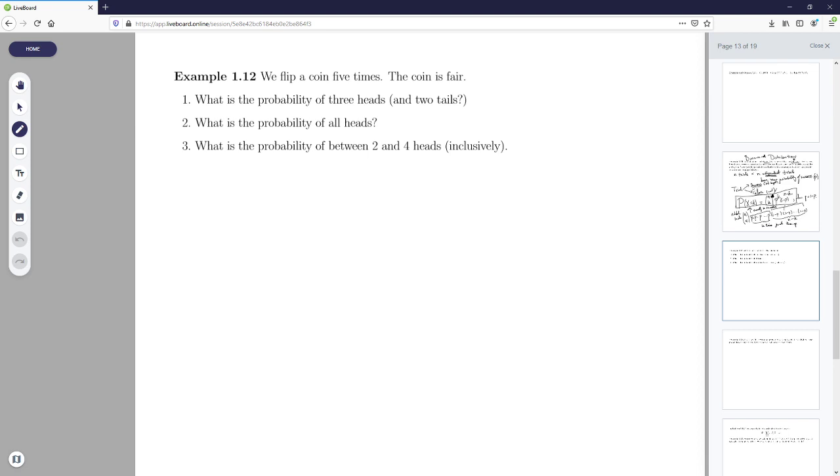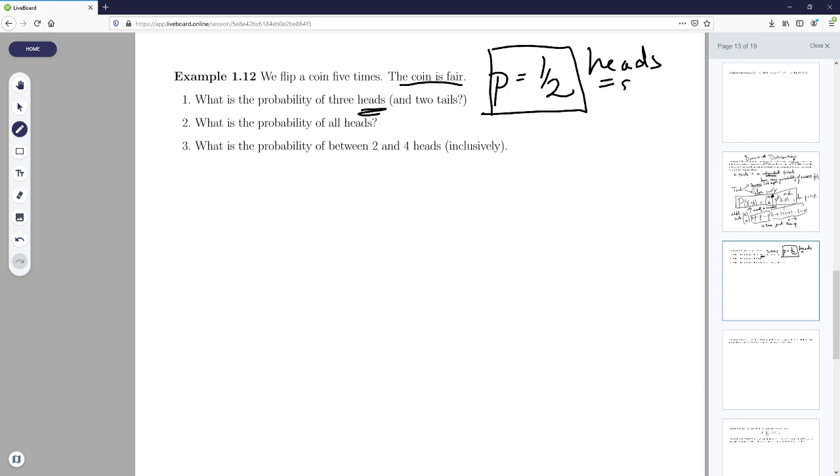Okay. All right. So we flip a coin 5 times. I'm going to say the coin is fair. When I say the coin is fair, what that means is that the probability of success is going to be 1/2, because a coin has 2 sides. A success in this case is heads, which is going to be called success.